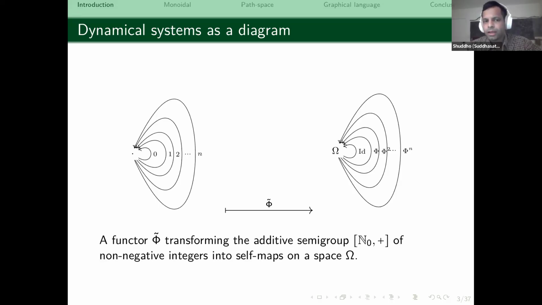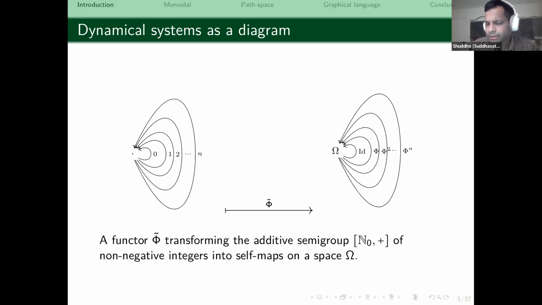The semigroup I've chosen for illustration here is the semigroup of non-negative integers. So observe that the semigroup property of integers with respect to addition is transmitted into the composition laws for dynamical systems. So this is a basic idea that we will try to take this diagrammatic view of any construction and any notion.